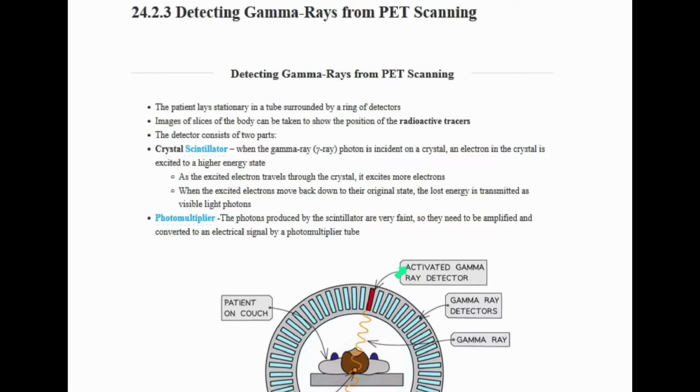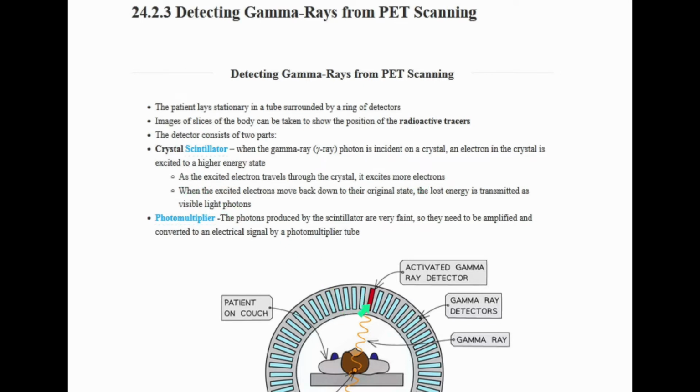So that is why we name it the activated gamma ray detector, because the electrons receive energy and go to an excited state. As the excited electron travels through the crystal, it excites more electrons.